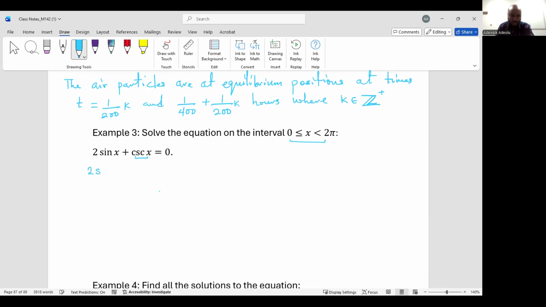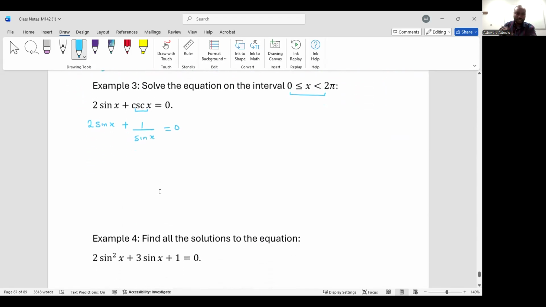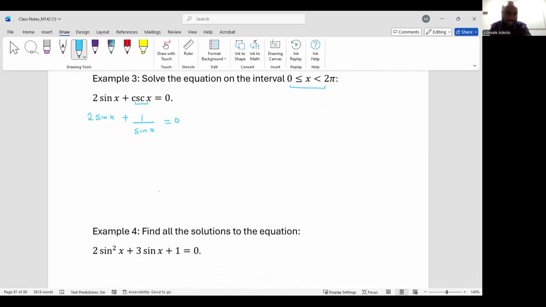So this is 2 sine of x plus 1 over sine of x equals 0. What can I do? I can multiply through by sine of x.